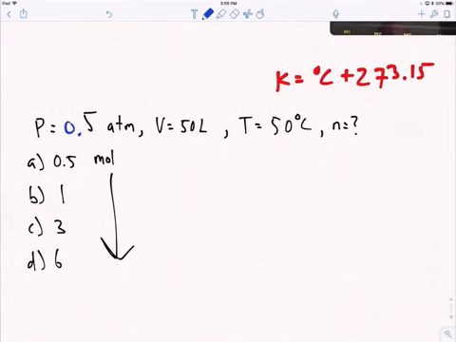Our pressure is 0.5 atmospheres, volume 50 liters, temperature 50 Celsius. What is the number of moles?